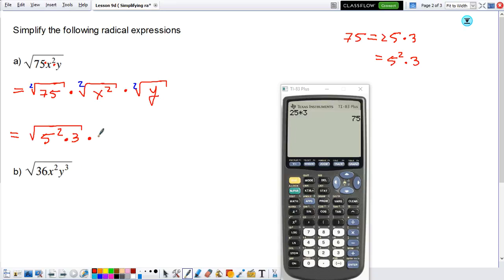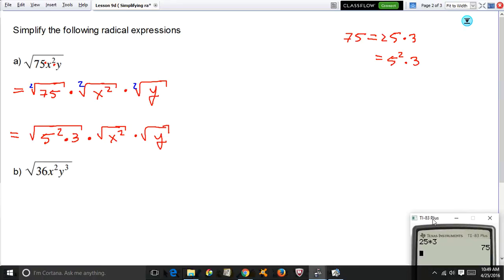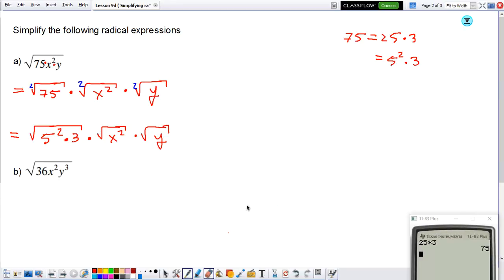So I'm just going to rewrite it here. The y is y, so there's really nothing you can do about it. Now, this 5 to the second, I can bring it out.